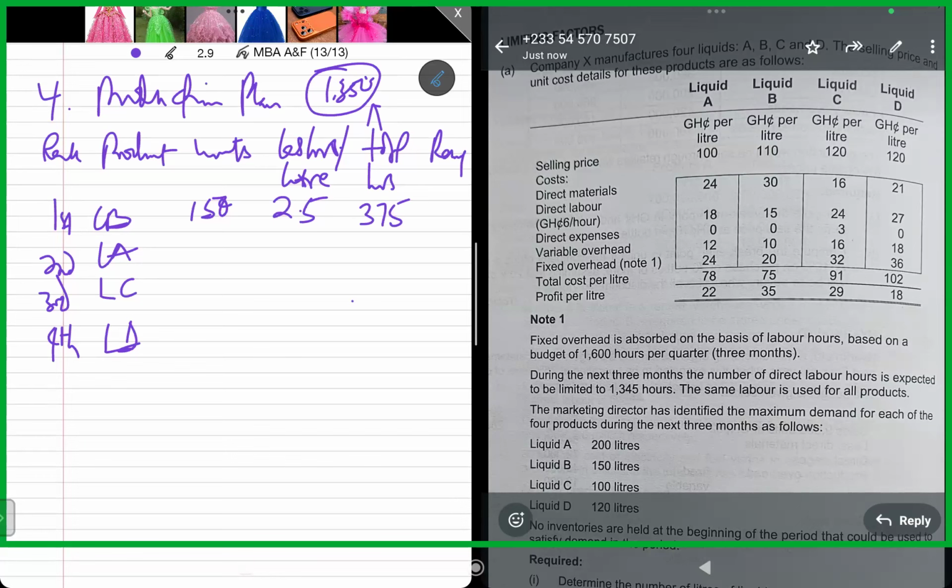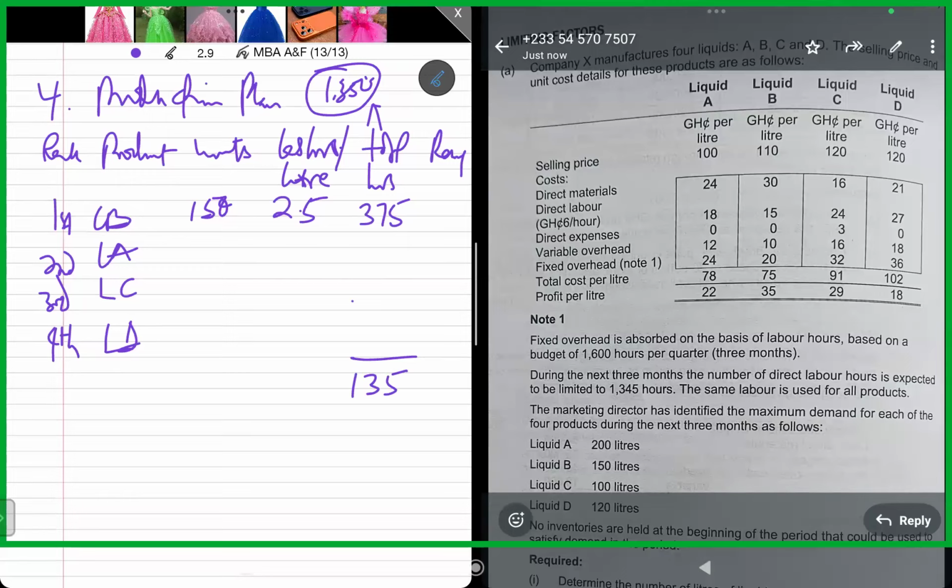How many hours are left? Okay, let me put it this way. Watch. Fourth ranking product, liquid D, below the total labor hours. I'm placing a line here, and I'm writing the total here.